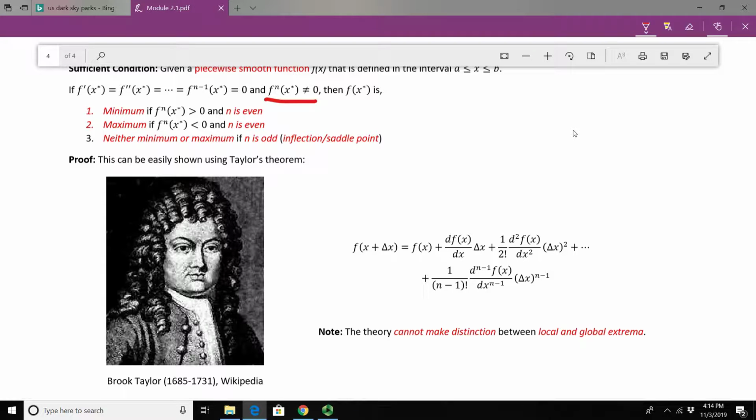Okay, how do we prove this? We can go to the Taylor theorem, which again, I'm sure you have seen somewhere in your life before.